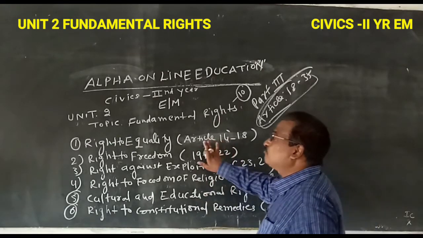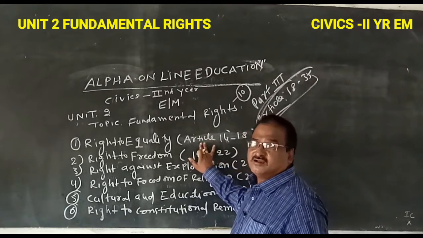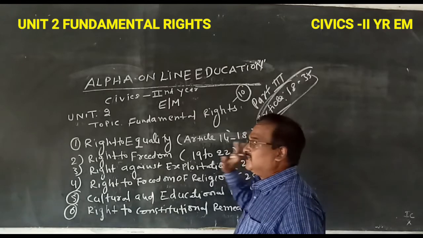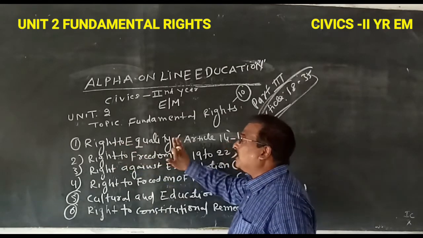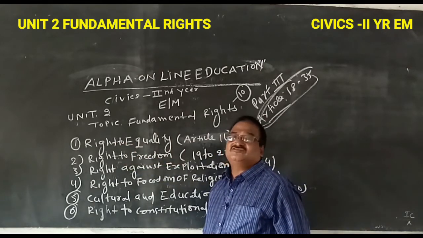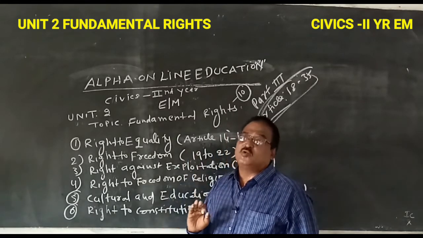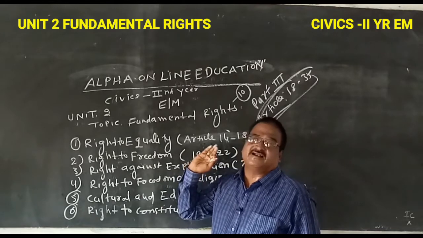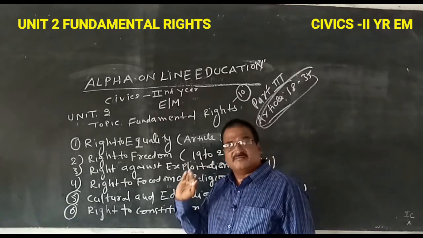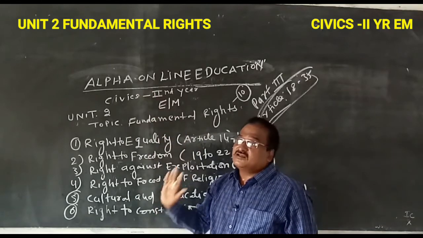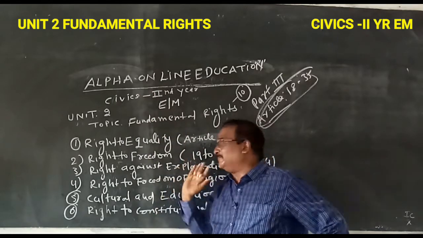Every student must learn the articles by heart. Now the right to equality. Right to equality means all are equal, with no variation between castes and religions, and no variation between sexes. All are equal with regard to the right to equality.